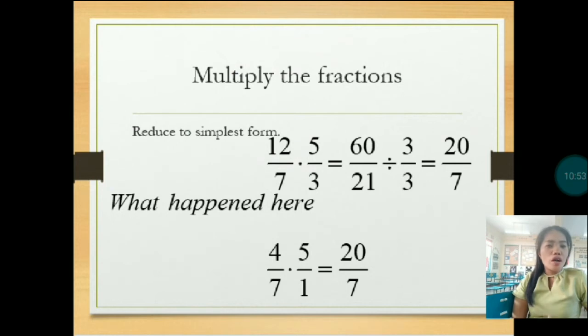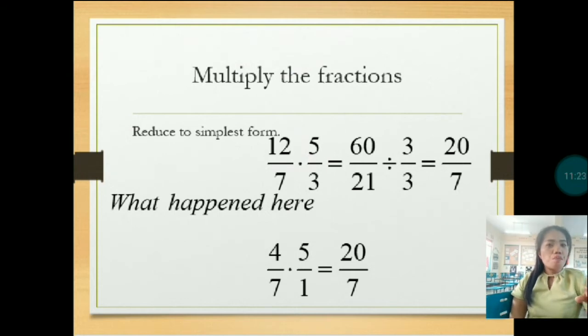Now, if you have 20 over 7, you could also do it the other way around. Like what I told you a while ago, we can get the greatest common factor first, or just cancel out without multiplying the given large values of numbers. So for 12 and 3, there exists a GCF, or greatest common factor, of 3. That is 12 divided by 3, that gives us 4, and 3 divided by 3, that gives us 1.